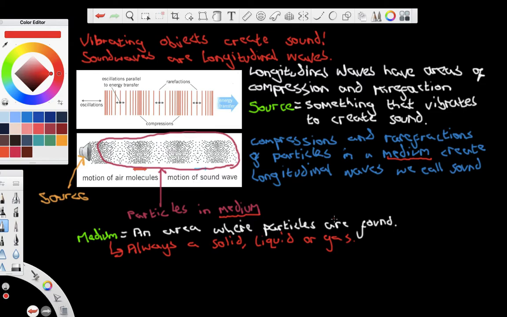Okay? So it's an area where particles are found, and it's always a solid, a liquid, or a gas.